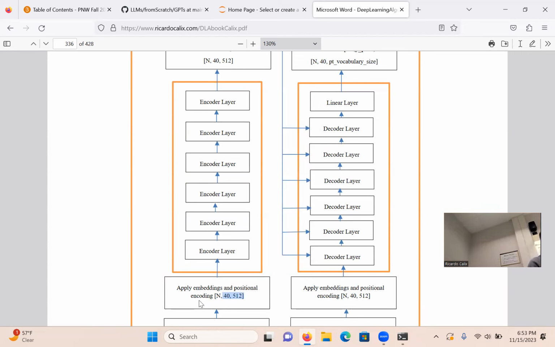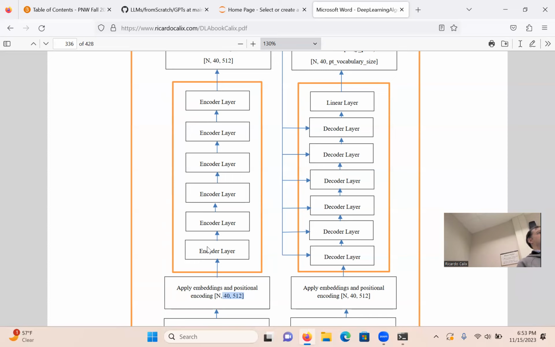For now, let's just think of the overall architecture, and then we can drill down into each of these. So we get n by 40 by 512, it goes through here, and we get n by 40 by 512. All that's happening inside these layers is that, as neural networks work, you take an X times a W and produce a Y, plus biases.